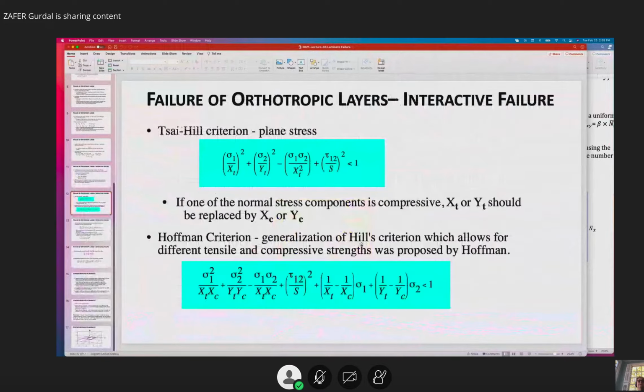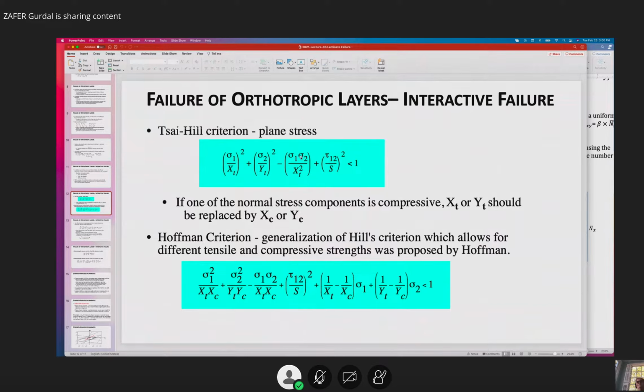In this equation, this shows both X and Y to be tension, assuming that sigma 1 and sigma 2 are both positive. If sigma 1 is not positive, if it's compressive, then the compressive value should go in here. If this is compressive, the compressive value should go in here.